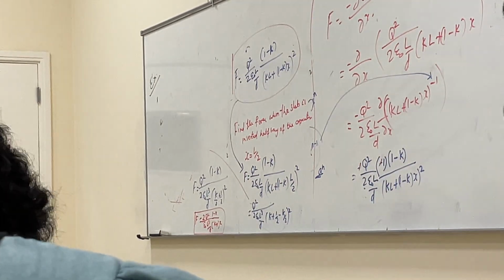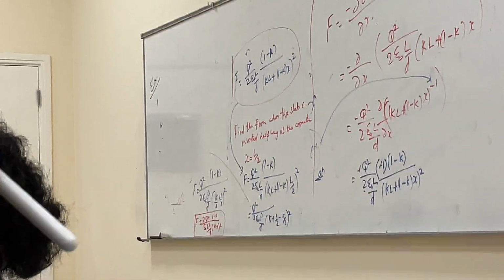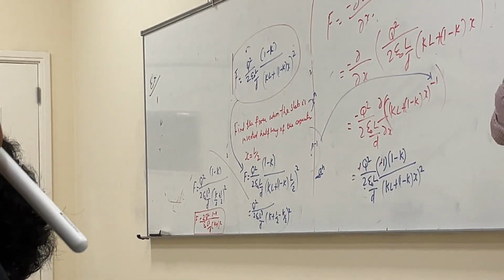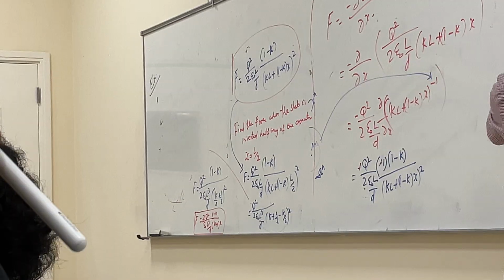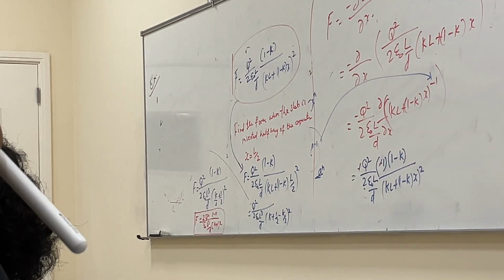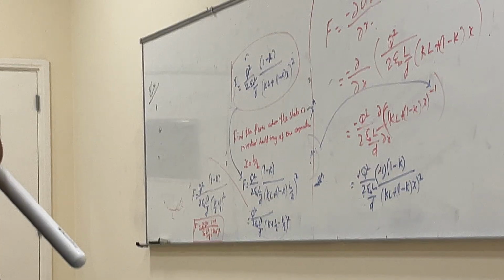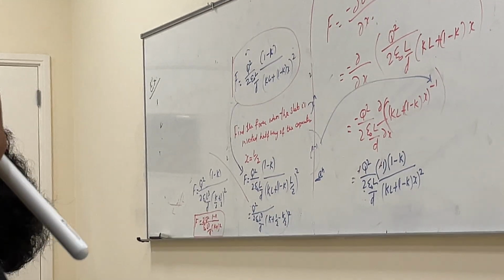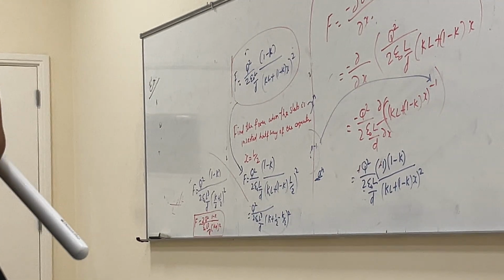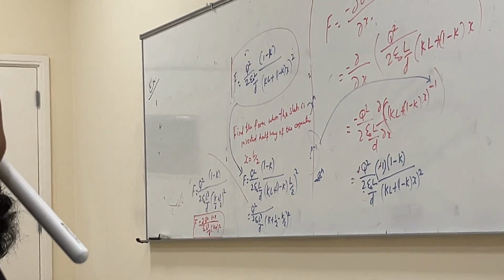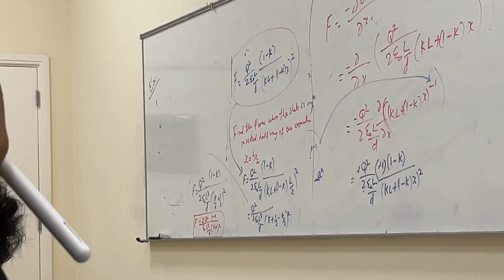No. The capacitance here is constant. This region is constant. It's not changing. When you put it inside, it will be changing. But it is a constant change. It's not changing over, for example, I just keep it inside this, so I just leave it there.